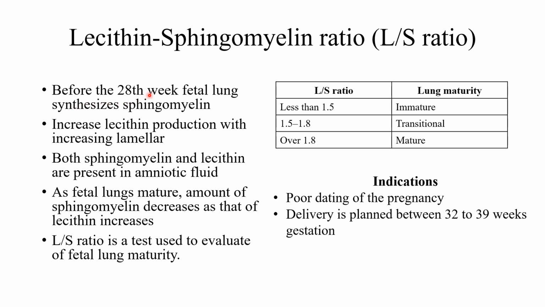There's an old biochemical test that they used to use to assess if a child's lungs are mature, although it's no longer used as much today. This was measuring the ratio of lecithin to sphingomyelin, the LS ratio. As we have seen, before the 28th week the alveolar type 2 cells are not well formed, and so the lung tissues make a lipid called sphingomyelin.